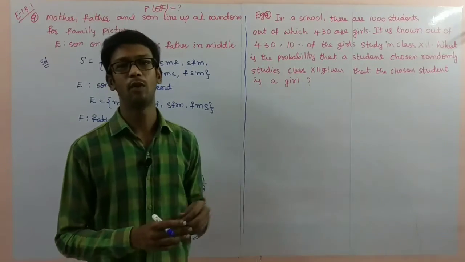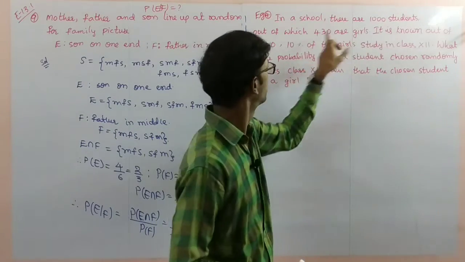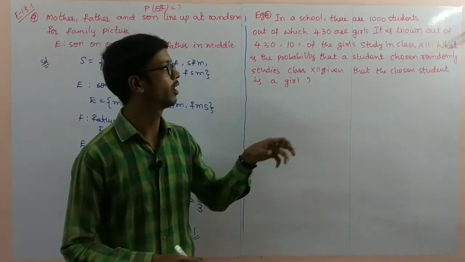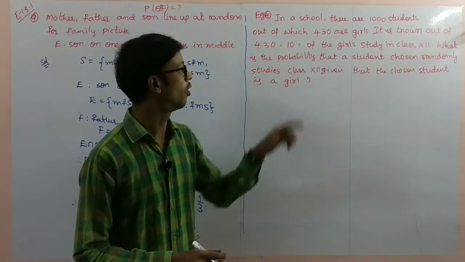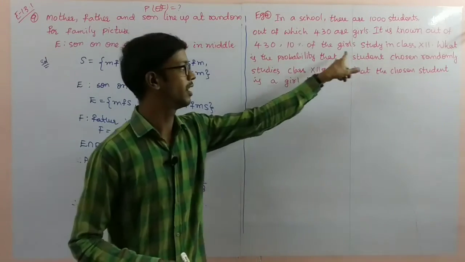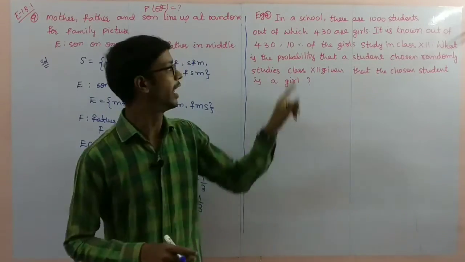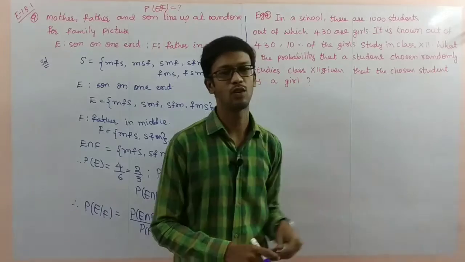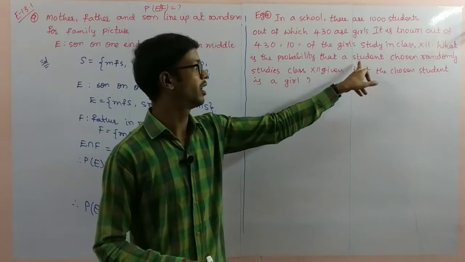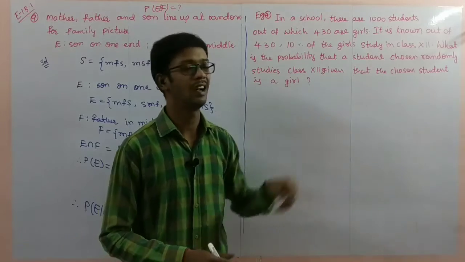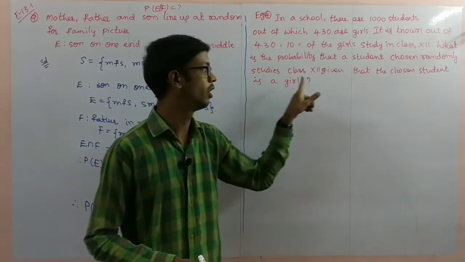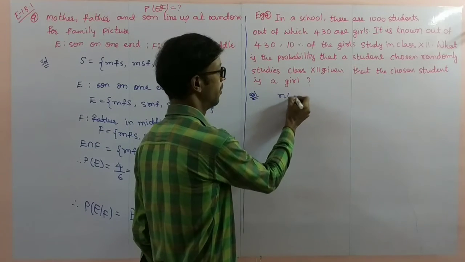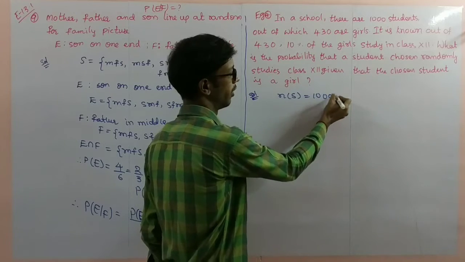Now we see example 4. In a school there are 1000 students, out of which 430 are girls. Out of 430 students, 10% of girls study in class 12. 10% of 430 is 43, so 43 students studying in class 12. Next, what is the probability that a student chosen randomly studies class 12, given that the chosen student is a girl? So here first of all I'll write the number of elements in the sample space, total 1000.